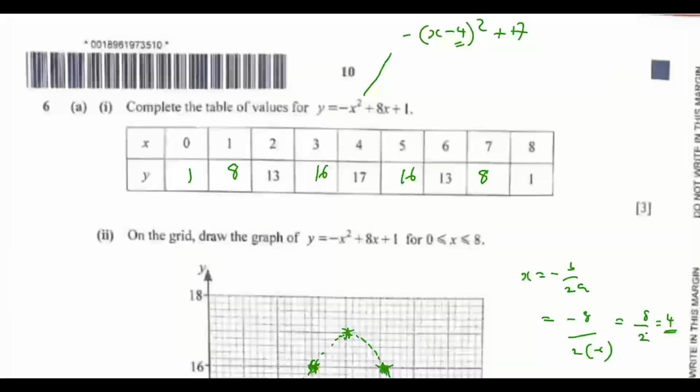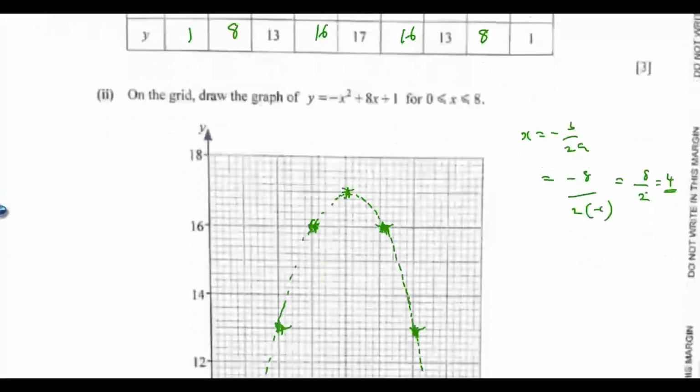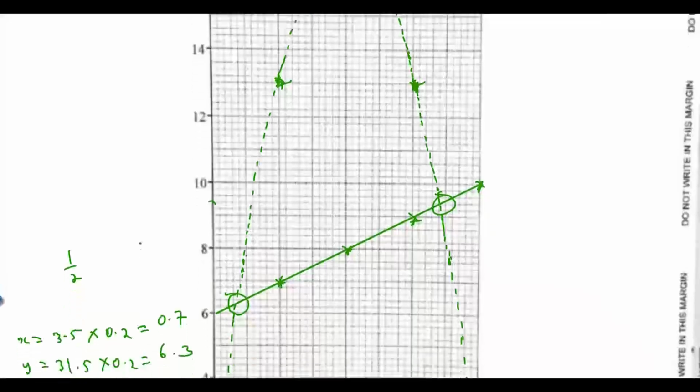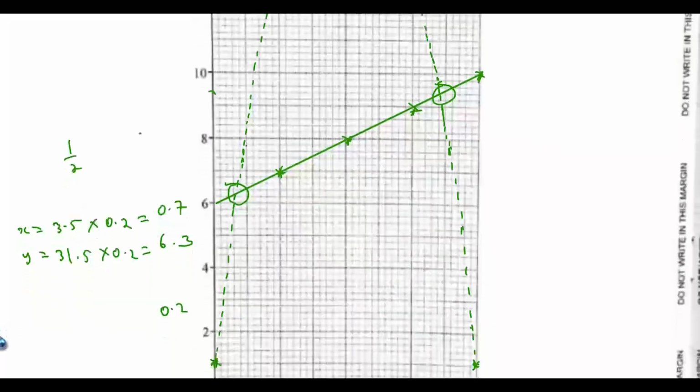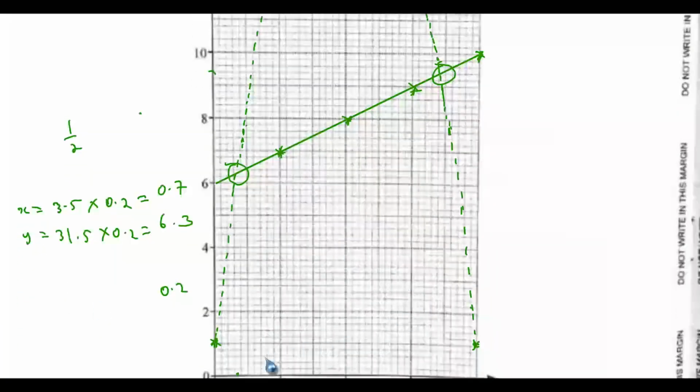Let's go for the second one. Let's scroll down a little bit. We can do the same thing here. We have this point here, in between these two. I think I can count this one: 10, 20, 30.